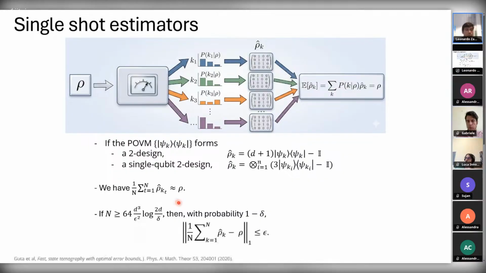And to actually prove the convergence, and have the actual number of shots or single shot estimators you need, people use a concentration inequality, a matrix Bernstein inequality, and we get results like this. That is for quantum state tomography, and it says that if you measure this number of shots, the sample average is going to be close to the true average in one norm for the IID case.